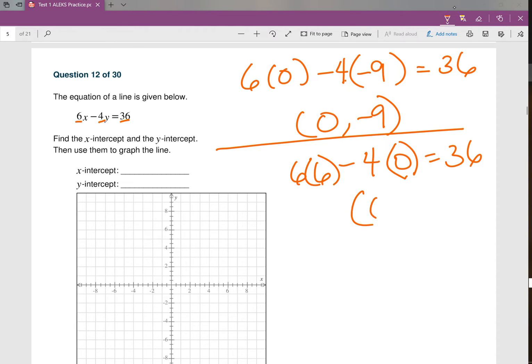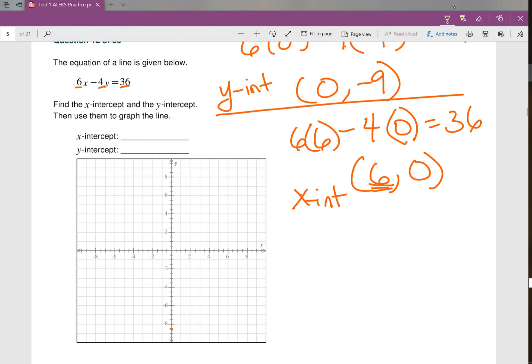So my next intercept point would be 6, 0 for the x-intercept. Remember, the x-intercept is where the x sits, or the number sits where the variable sits, and this is the y-intercept. So I have 0, negative 9, which is down here, and I have 6, 0, which is up here. So this line goes something like this.